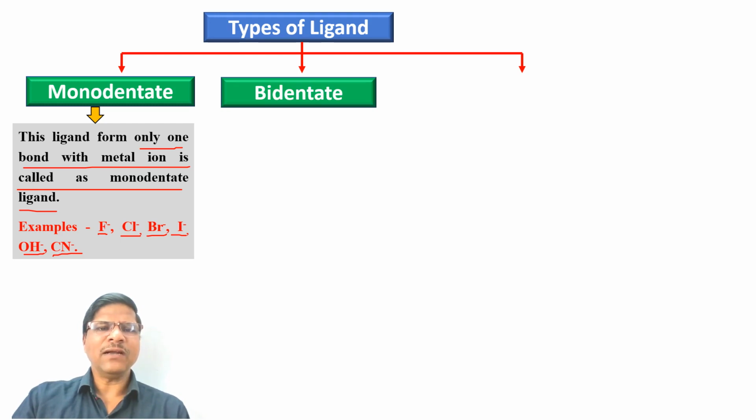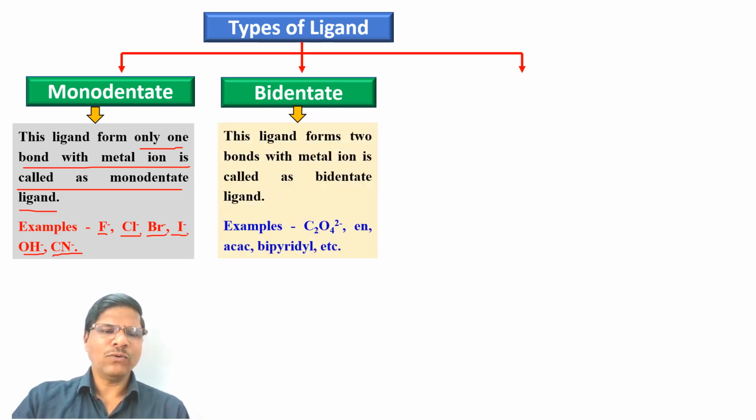Then we have the second type, bidentate. Bi means two, dent means tooth or bond. The ligand which forms two bonds with the central metal ion is called a bidentate ligand. We have oxalate, ethylene diamine, acetylacetone abbreviated as ACAC, and bipyridine.